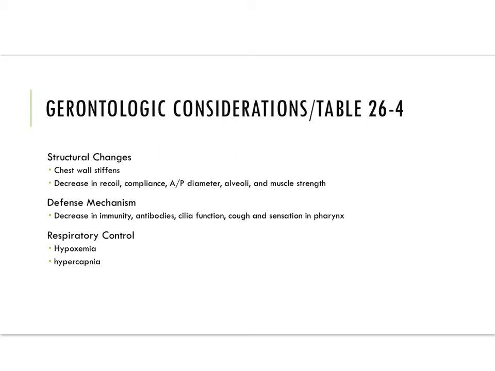And then as far as respiratory control, elderly have a decreased response to hypoxemia and hypercapnia. Now what we need to remember is hypercapnia is an increase in CO2. Hypercapnia is an increase in CO2. And so it takes a greater abnormal value to produce an altered respiratory rate.